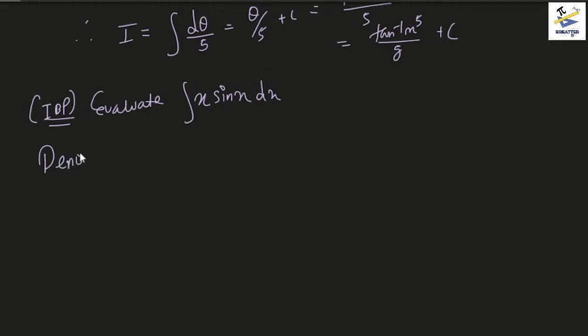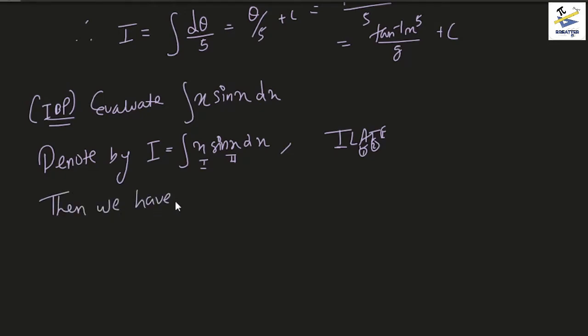So denote by I the integral, and whenever we see functions which are a product of two different kinds of functions, we try to remember our ILATE rule, where we know which one to take as the first function and which one as the second function. So in the ILATE rule, the algebraic function comes before the trigonometric function.